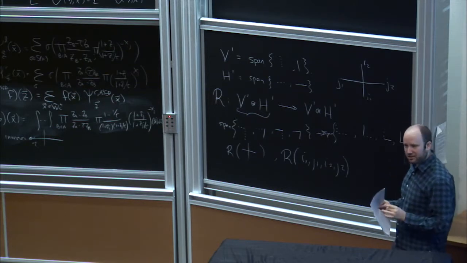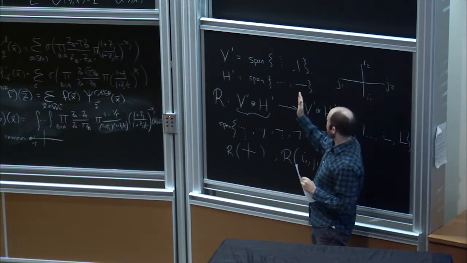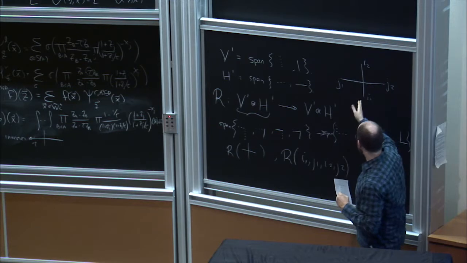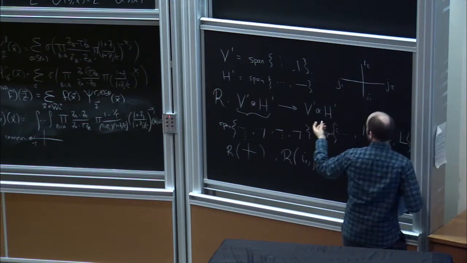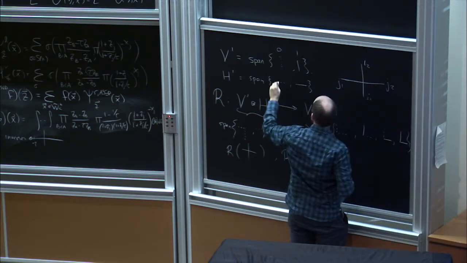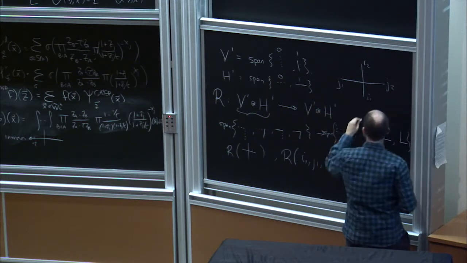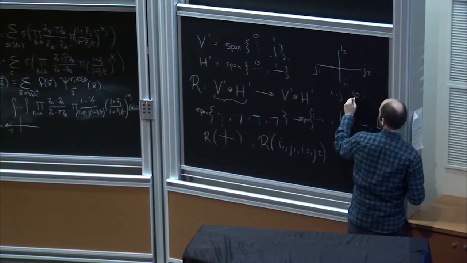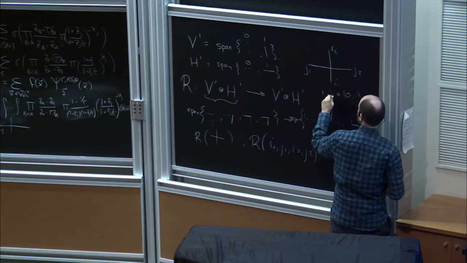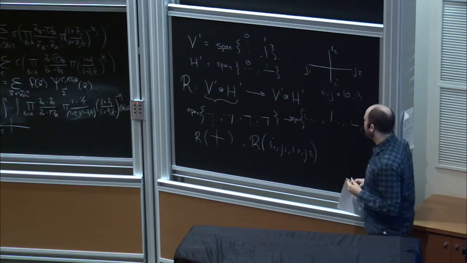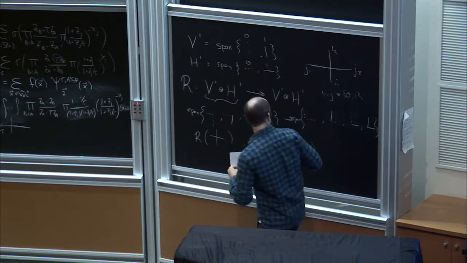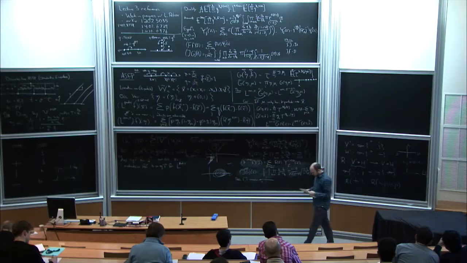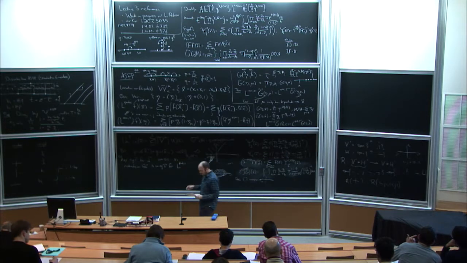So rather than needing to deal with these dotted and straight lines, I'll think of this as a 0, and this is a 1, this is a 0, and this is a 1, and then I'll let my i's and my j's take values in the set 0, 1. Okay. Now this will be nice because later on, in just a moment, I'm going to consider where i and j can take more than the set of 0 and 1 values.